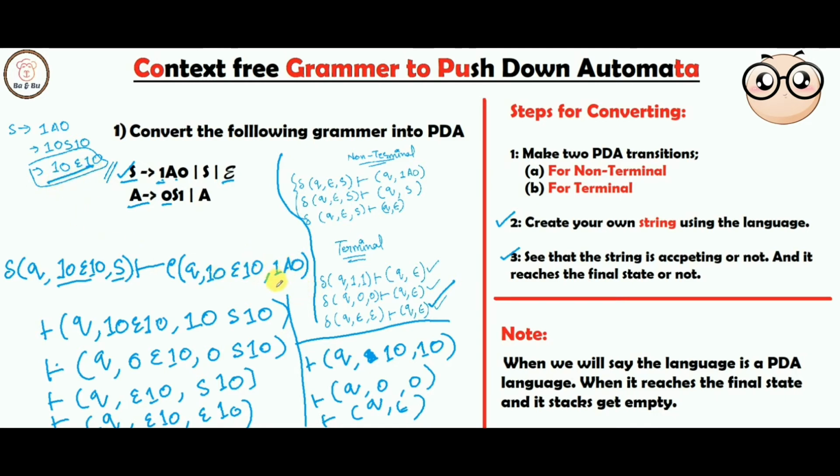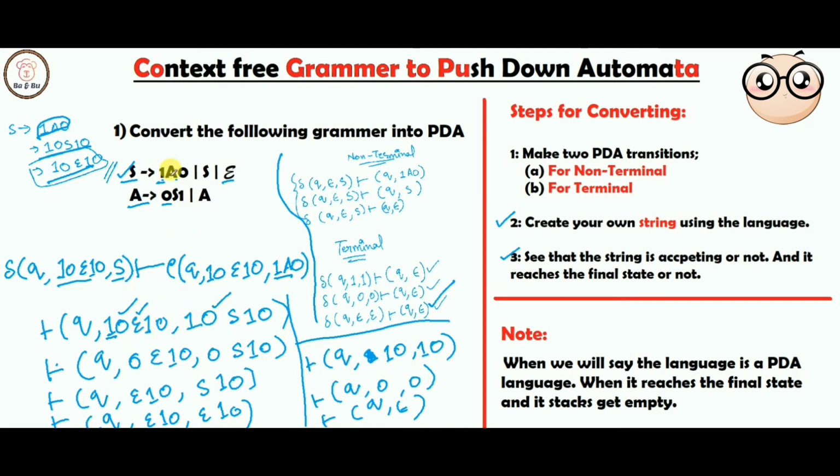Then this is your first step, and what I did here, I just replaced this S by 0 S 1 as I replaced here also, so 0 S 1 0 1. So in the next step I eliminate 1 from here. How? I push this 1 and pop this 1 out, and in the other step I push this 0 and pop this 0. So in the next step I have to eliminate this epsilon.